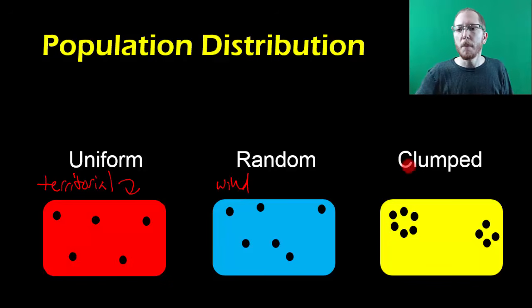And then we've got clumped, which is probably one of the most common, where we see them grouped. Now this could be because, like wolves, they might tend to prefer moving in packs. You know, they might tend to prefer existing in groups, whether it's a pack, whether it's a herd. And so oftentimes animals will want to group together. This could also be due to something like they need to live in a certain place, like along a riverbank.